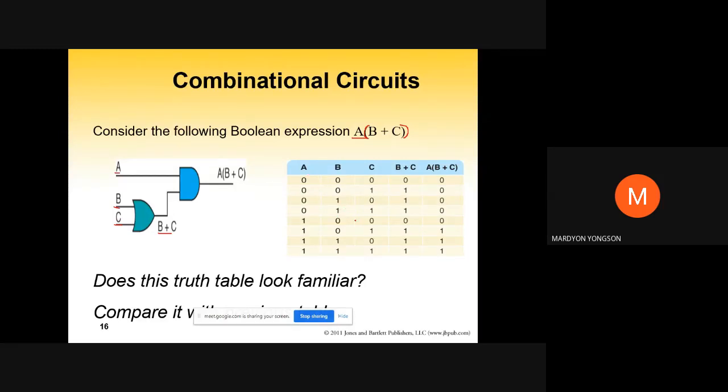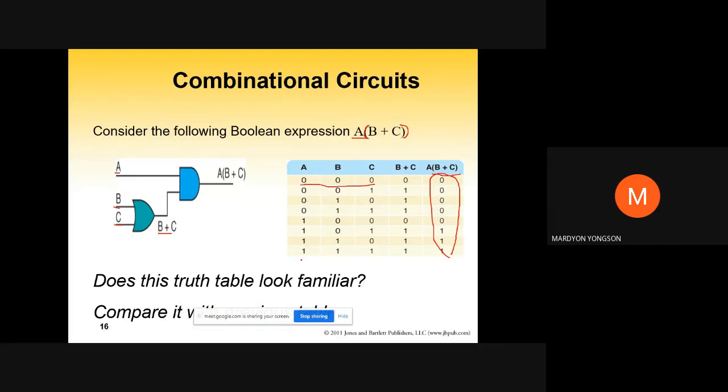Kapag ipa-plot natin siya sa truth table, we have this truth table of A, B, and C as the input. And then we have this A times (B plus C) as the output. To write the truth table, syempre magsisimula muna tayo from lowest to highest. Kaya makikita nyo meron siyang 0, 0, 0, 0, 0, 1, 0, 1, 0.